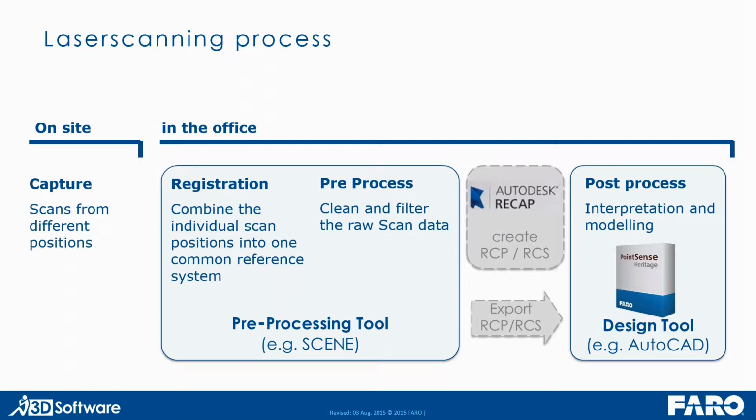You can directly export RCP or RCS files, which is the Autodesk Point Cloud format that can be attached to AutoCAD drawings, or you can use Autodesk Recap in order to create RCP RCS files from your scan formats if you have a scanner using CloudWorks. With PointSense Heritage, you can not only use scans but also photographs, but I will come to that in a few minutes.